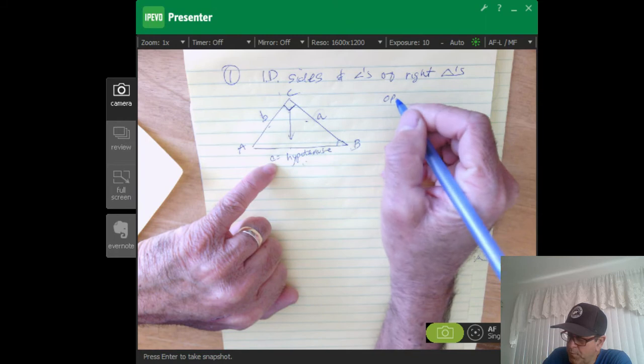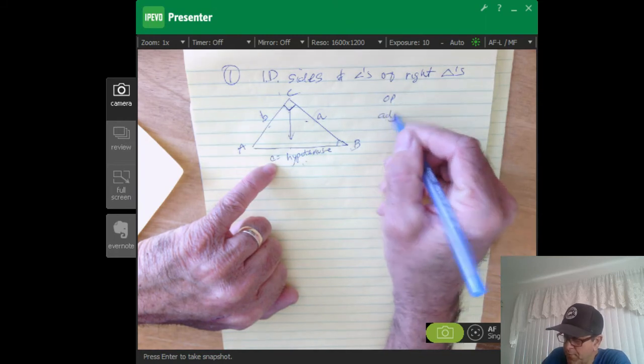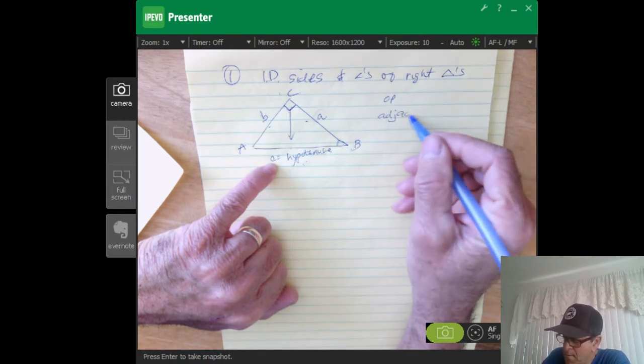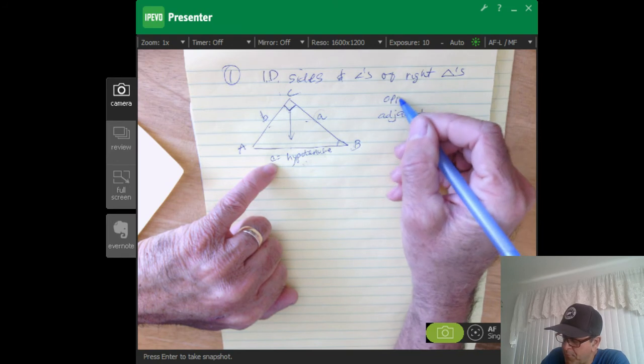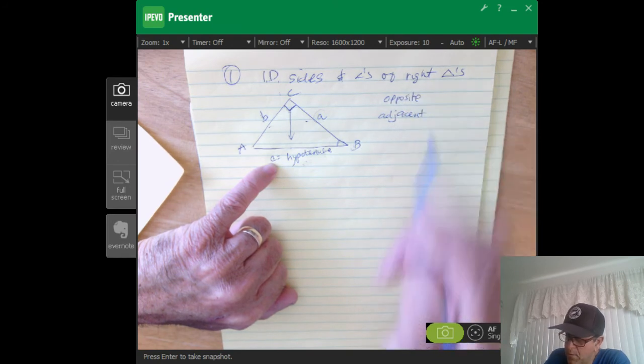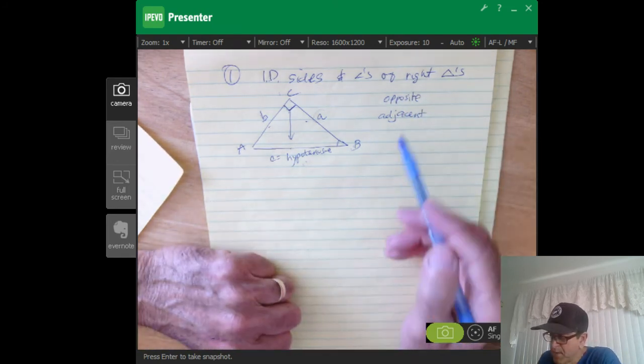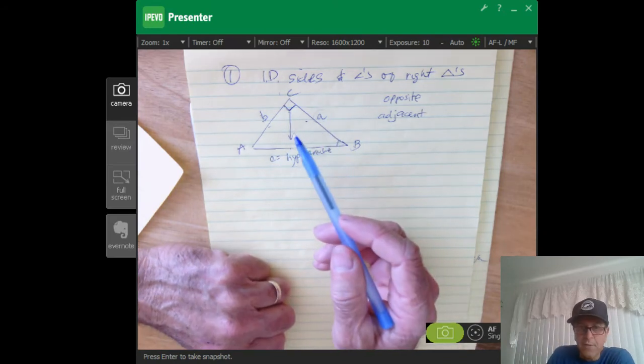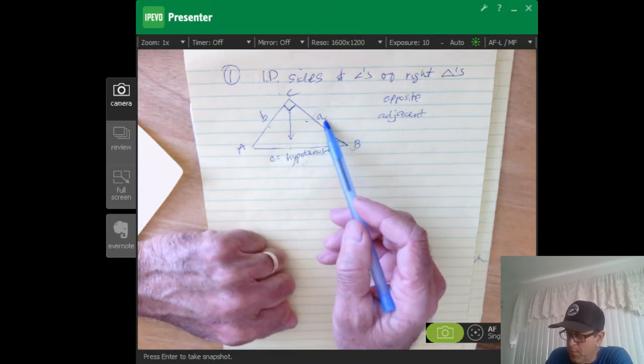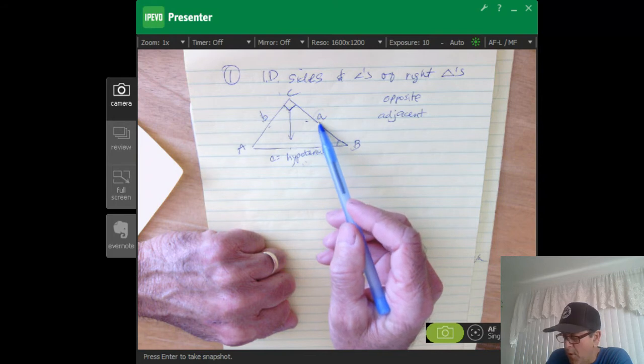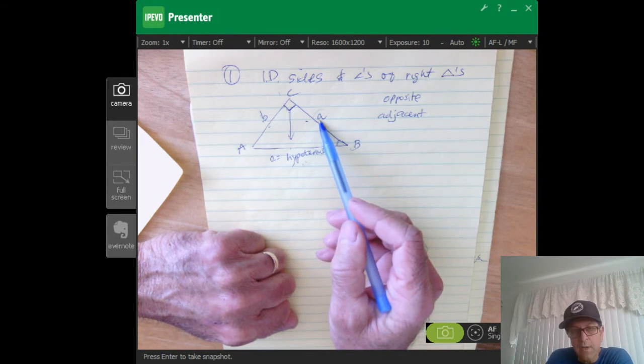The other two sides will be called either the adjacent side or the opposite side. And what makes this a little bit more confusing is that it's not constant. So A will not always be the opposite side or always be the adjacent side. It will depend upon what angle we're looking at.